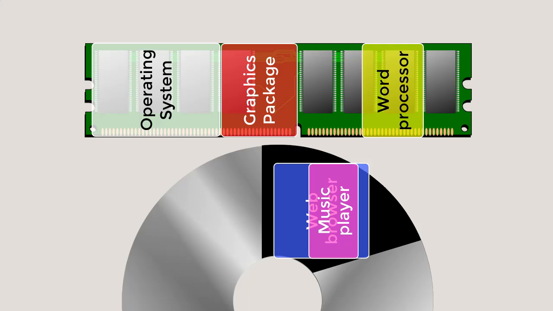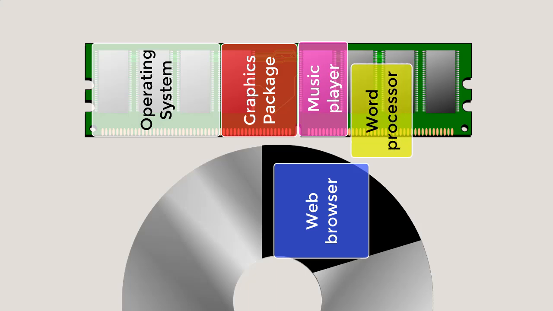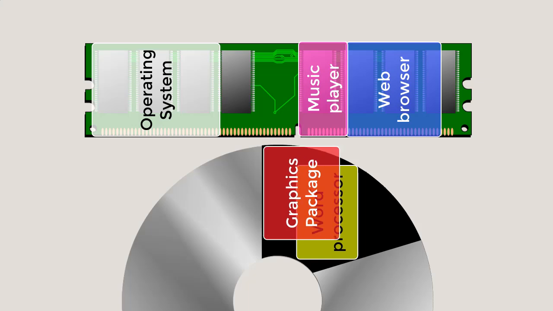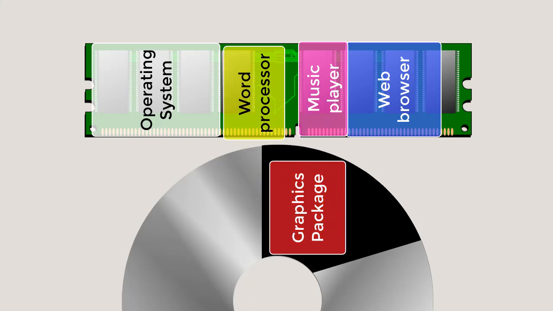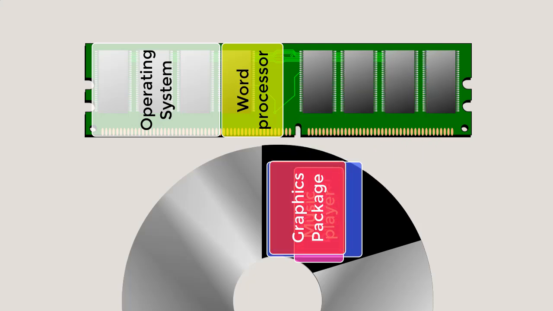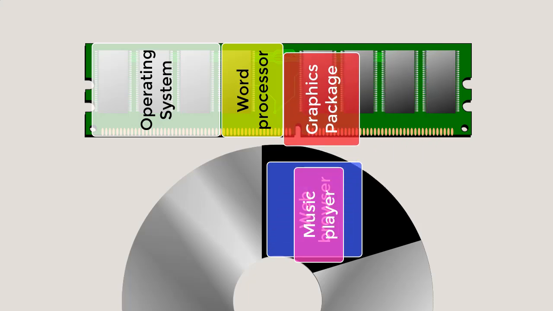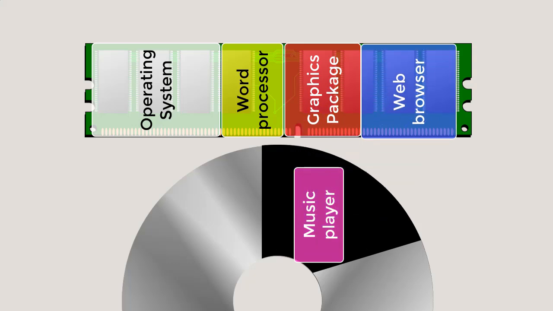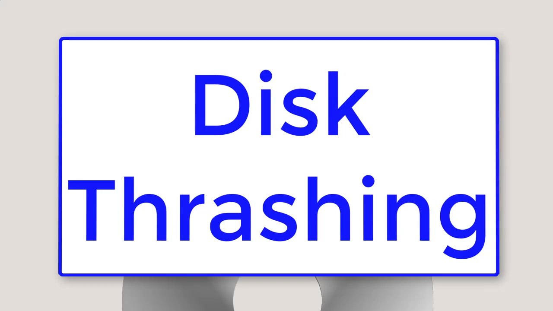If RAM is very full, then the operating system will continually swap data and programs that aren't currently being used by the CPU back and forward between RAM and virtual memory. This causes the hard disk to be continually accessed, and you can often hear it working very hard. This is called disk thrashing.